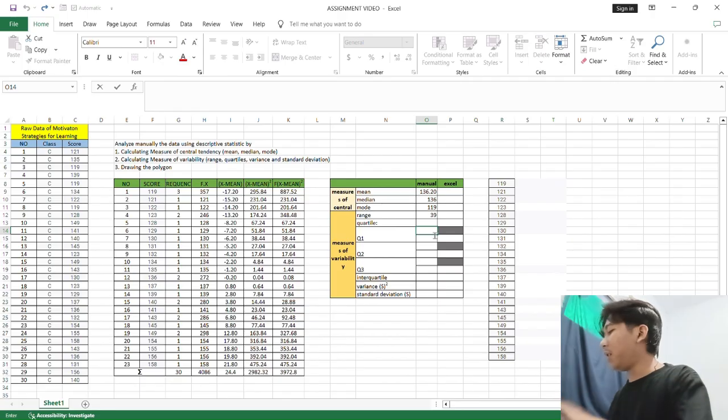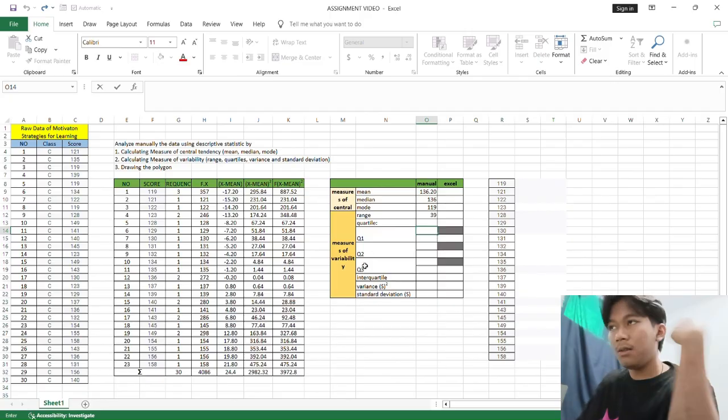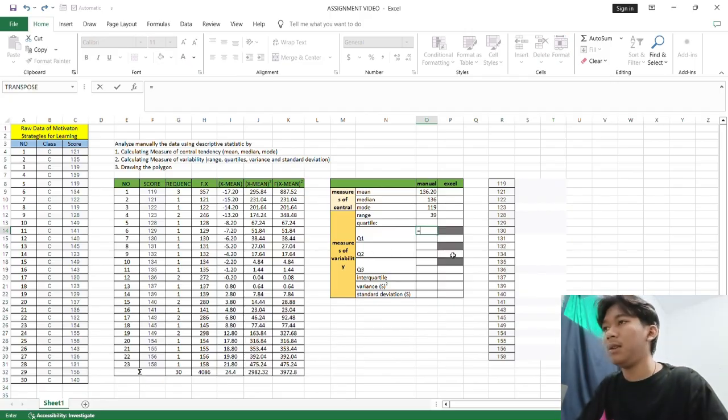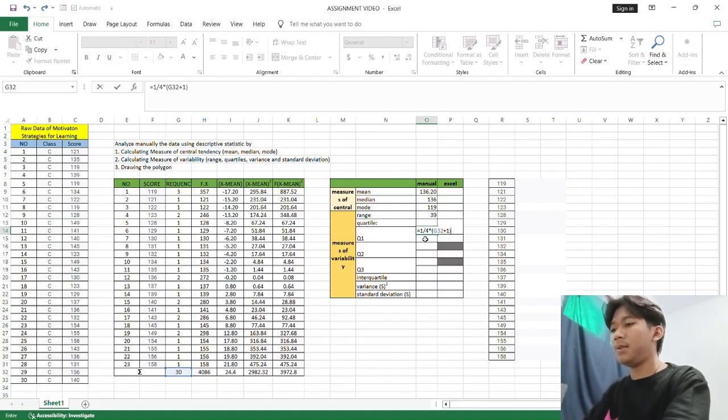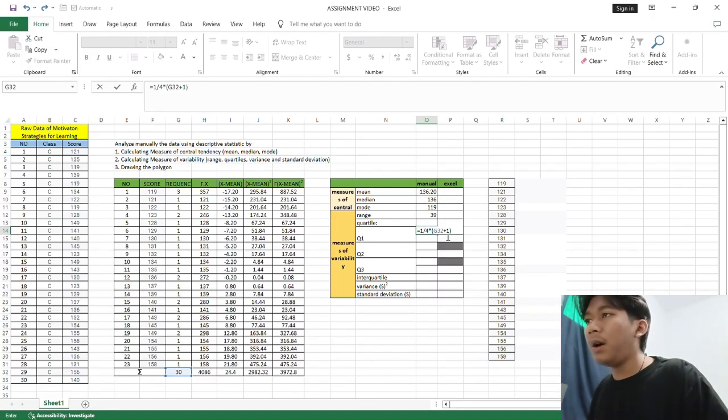And then next we're gonna find the quartiles. We're gonna find quartile one first. To find the first quartile, we're gonna use this equation: 1 over 4 times the total of our data plus 1.